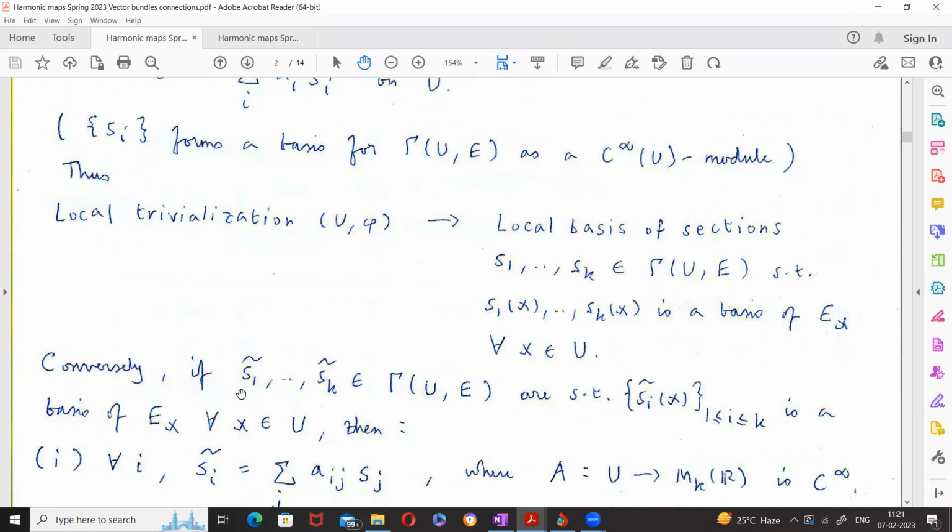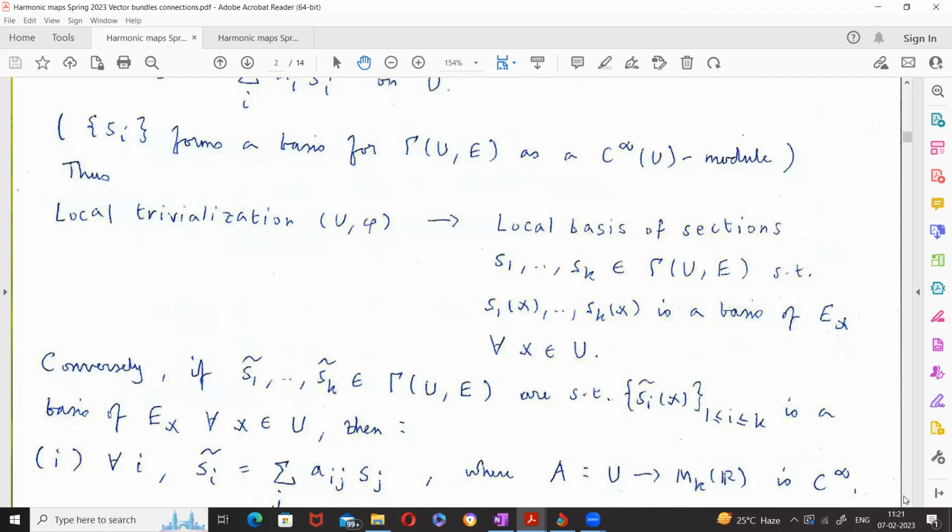Well, conversely, if I take a local basis of sections, so that means sections S1 tilde up to SK tilde, sections over U, such that at each point X in U, S_I tilde of X, I going from 1 to K, is a basis of E_X.